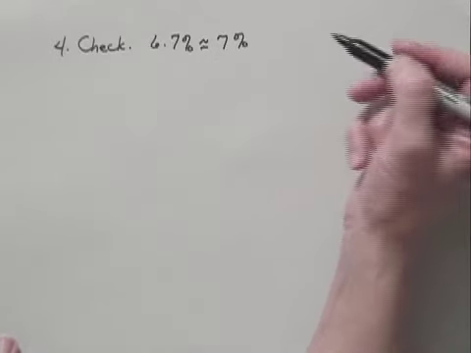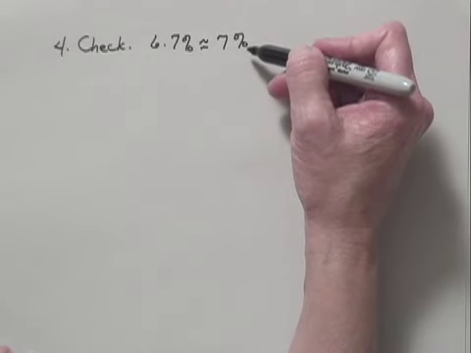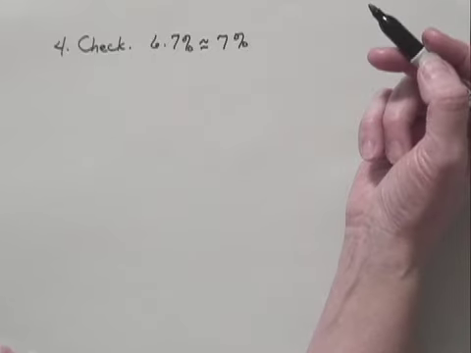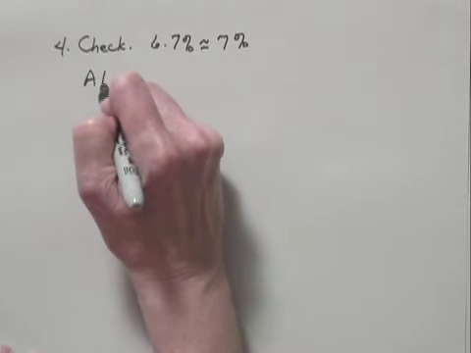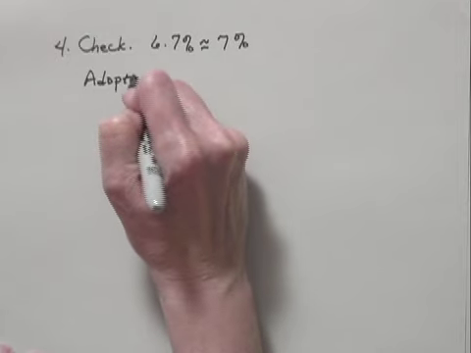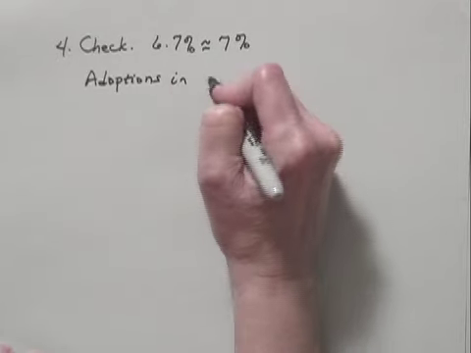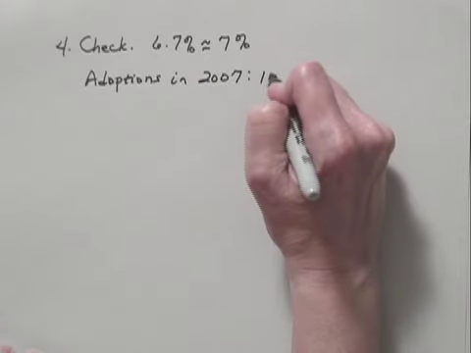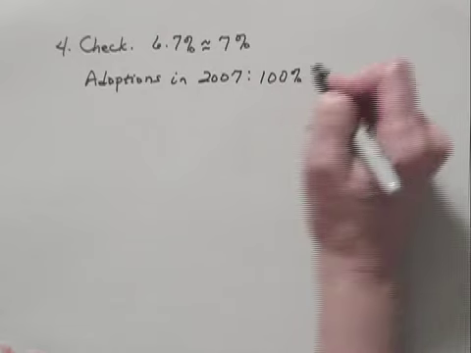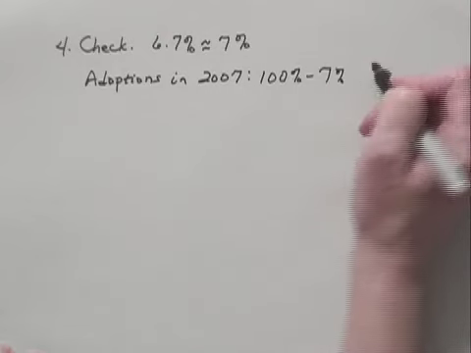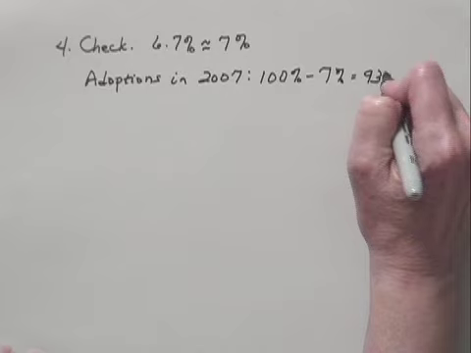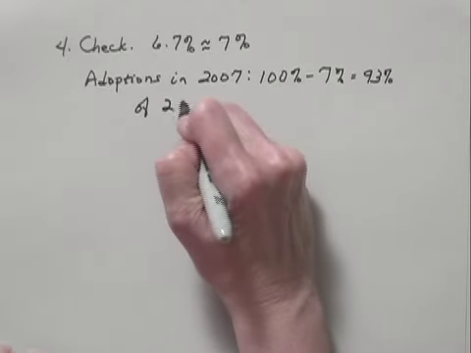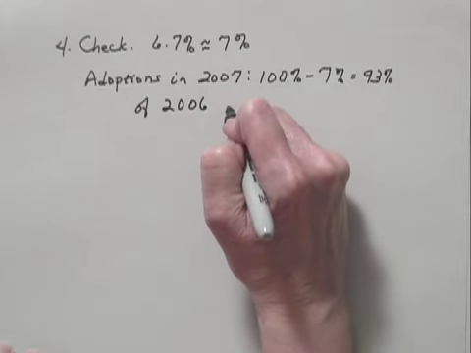Now, if the number of adoptions declined by about 7% between going from 2006 to 2007, then the adoptions in 2007 should be 100% minus 7%, or 93% of the adoptions in 2006.